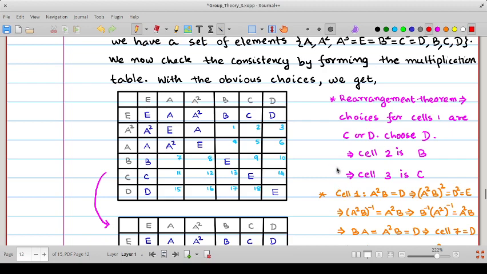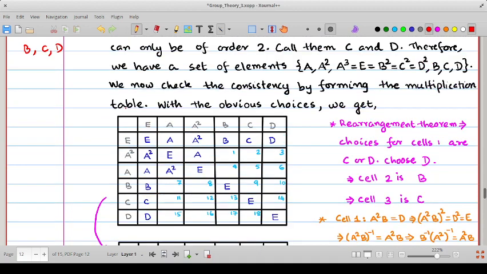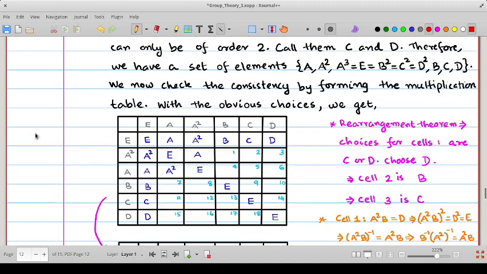Okay, we will now first consider the cells 1, 2 and 3. So let us concentrate on cell number 1. The rearrangement theorem says that every row should contain each element of the group once and only once, and every column should contain every element of the group once and only once.